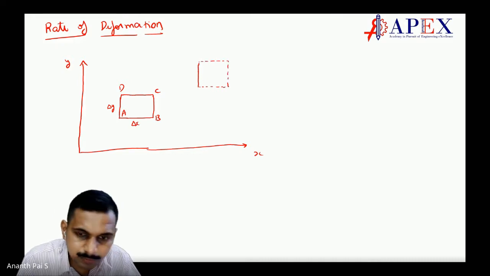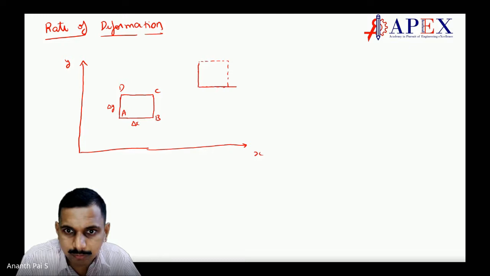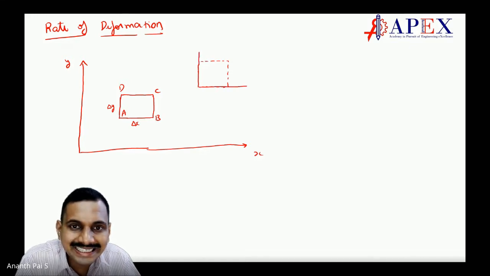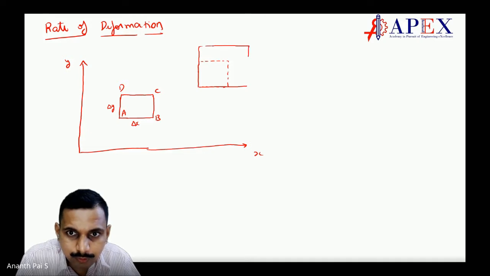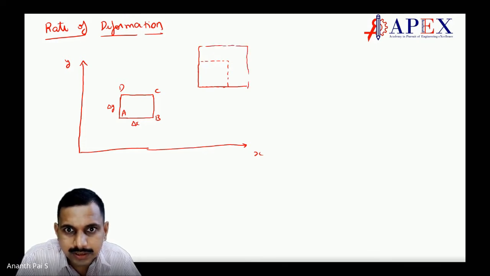But when it has moved, it has also deformed. So it has dilated. It is not compressed, it is dilated. Dilation means when you go from a high pressure to a low pressure area, its volume increases, is it not, students? So that is called dilation. So it has dilated like this.